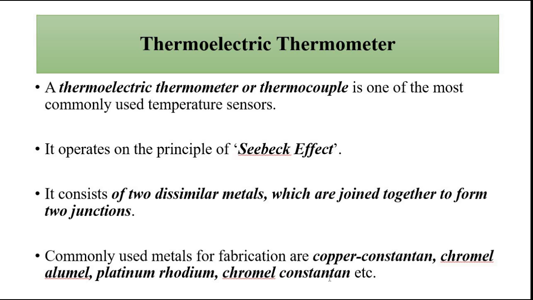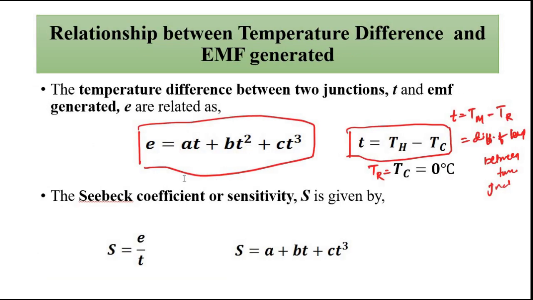I have discussed it in detail in sensors and transducers. For each particular combination, such as copper and constantan, or chromel and alumel, the constants A, B, C are different, and this is mentioned in the specification sheet.